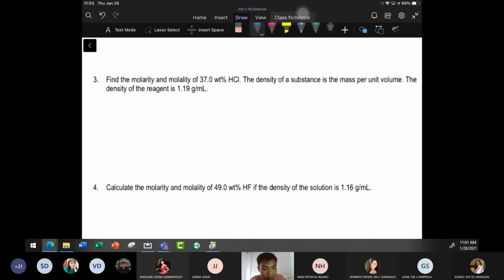Yes, no. Okay, ano lang kailangan natin maalala? From this concentration unit, kailangan makuha natin yung mass ng solute, mass ng solvent, mass ng solution, etc. No? Okay? So, ganito ang gagawin natin. Pag may nakita kayong percent weight, no, always assume that you have 100 grams of solution.